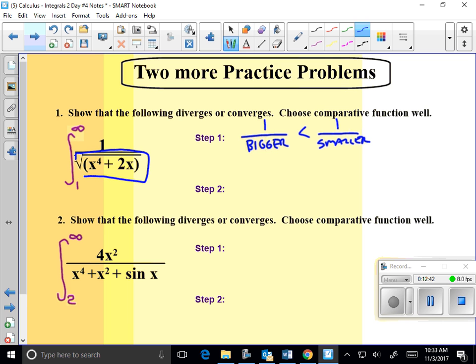I want to find something that's smaller than that. Well, I could right away find something that's smaller than that, right? I could do this. How about this? Wouldn't that be smaller than that? Yeah. And wouldn't that be equal to that? So couldn't I use a comparison test with this?